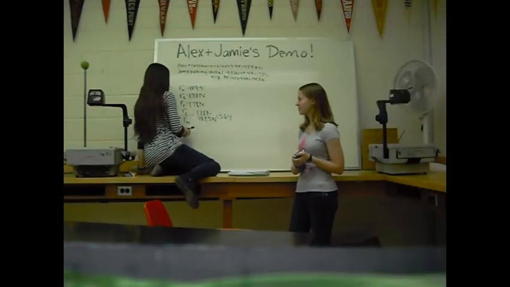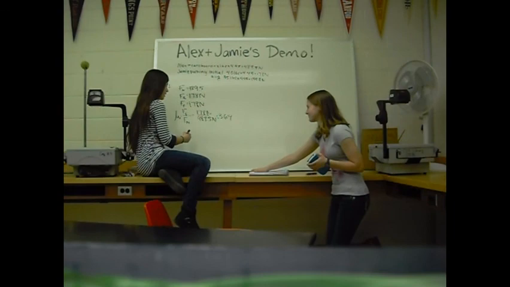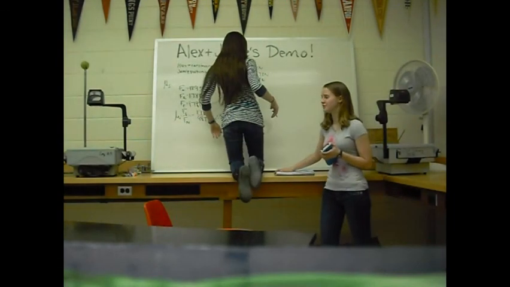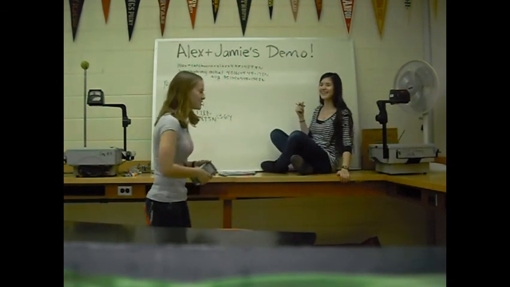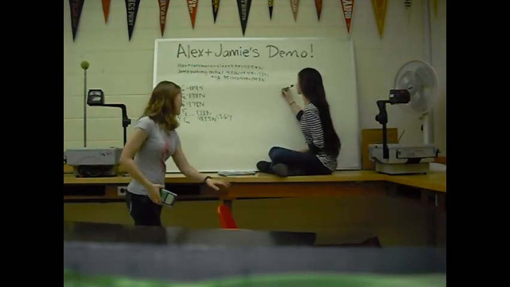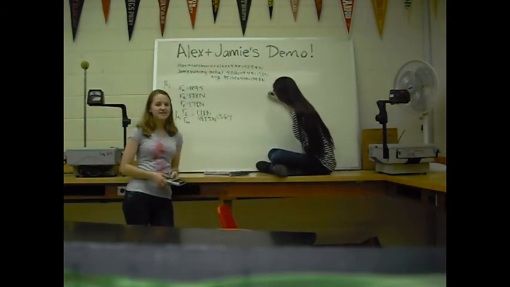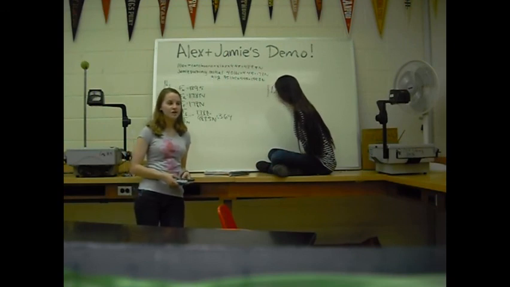Coefficient of kinetic friction. Let Alex move over a little bit. We'll just switch spots. You take the same equation: the coefficient of kinetic friction equals the force of friction over the normal force.